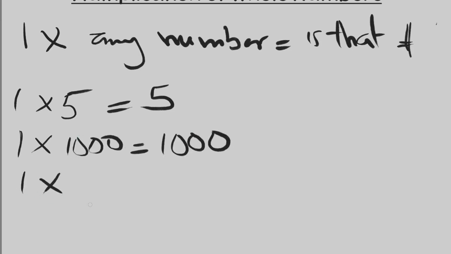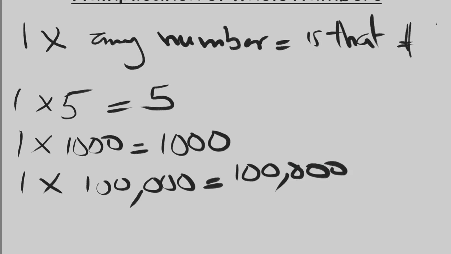If I have 1 times 100,000, it's going to be 100,000. That's the first thing you should remember: 1 multiplied by any number is equal to that number. In the same way, 1 times 0 is going to be 0.